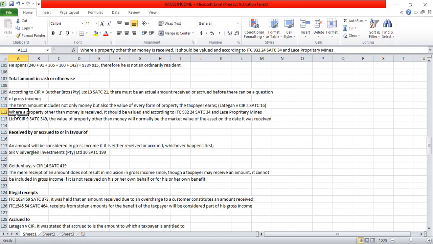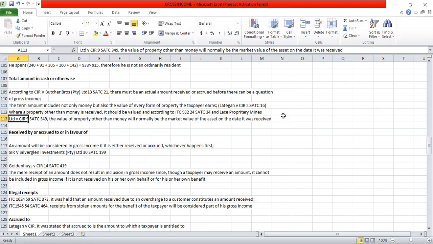And for the value, we normally use the market value of the asset on the date that it was received. That's the total amount. So for you to pay tax, it doesn't have to be cash only. It can be cash or any other amount.